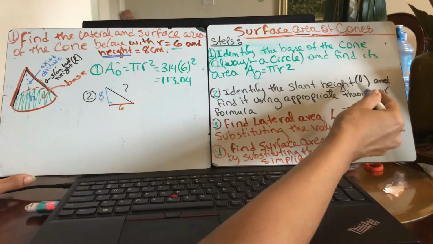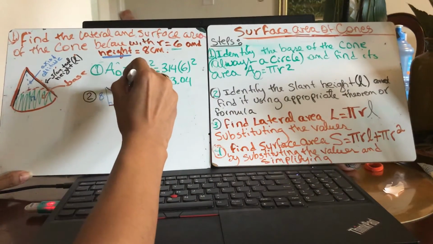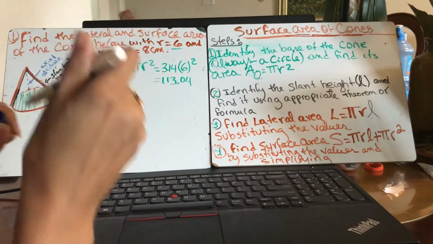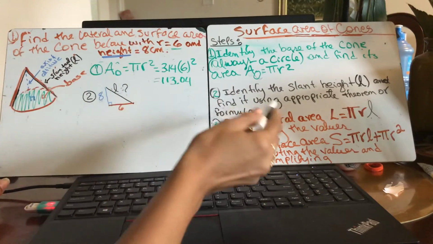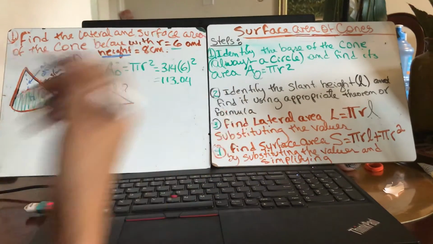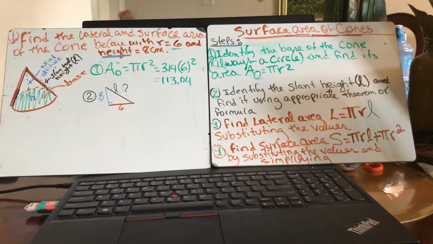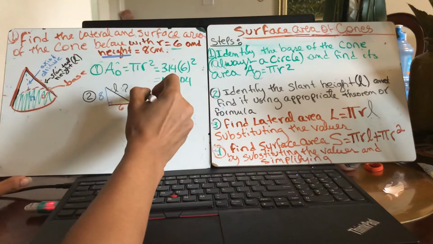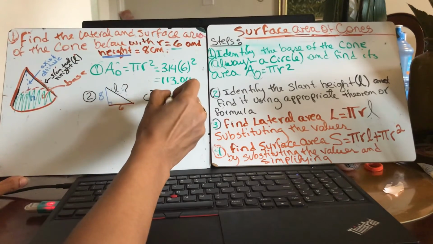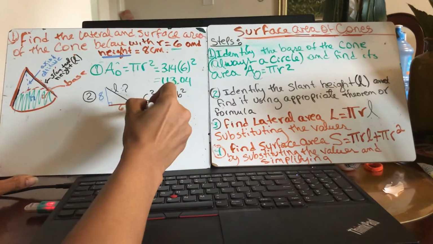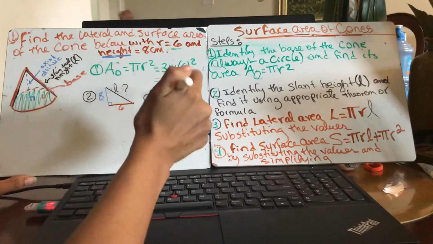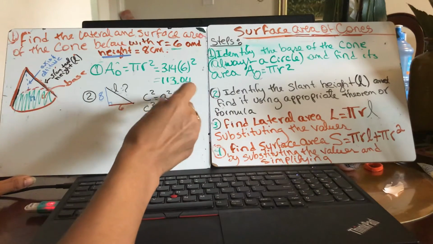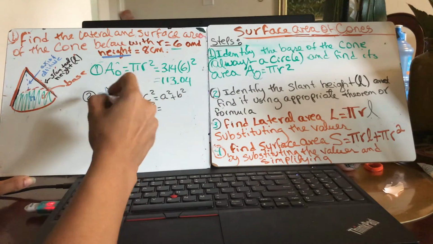But we need to find the L, or the slanted height. So how do we find the slanted height? We're going to use the Pythagorean theorem. Whenever you have a right triangle and you have two segments and you're missing a third side, you always use the Pythagorean theorem. So it's going to be c squared equals a squared plus b squared. The c is always the hypotenuse, and the other two are interchangeable, but don't confuse the hypotenuse with either of the two legs or you get it wrong. c squared is what I'm trying to find.